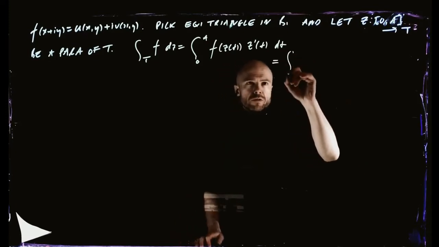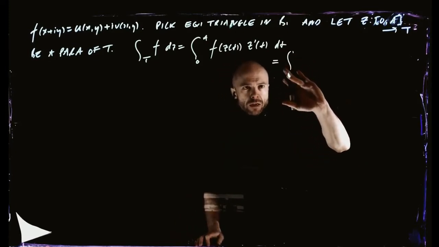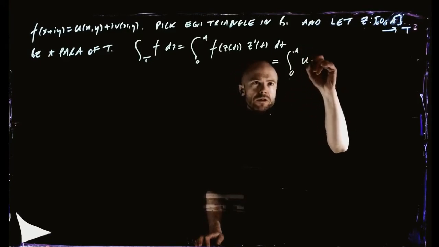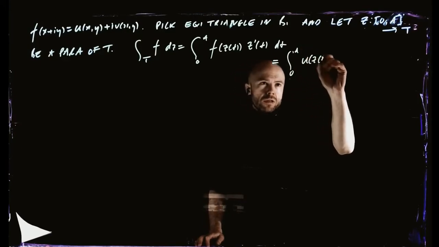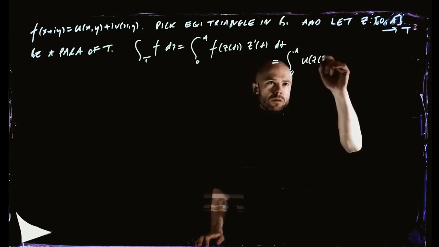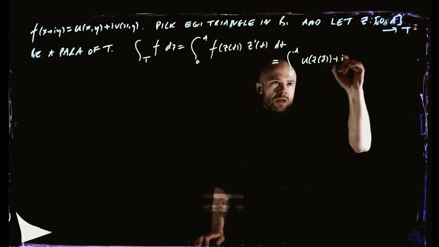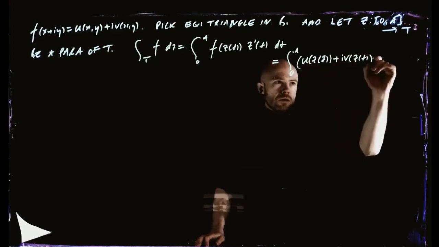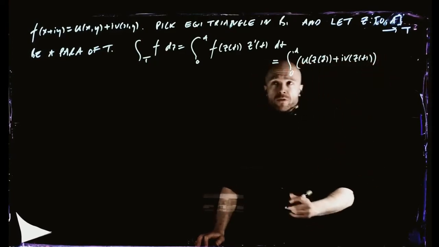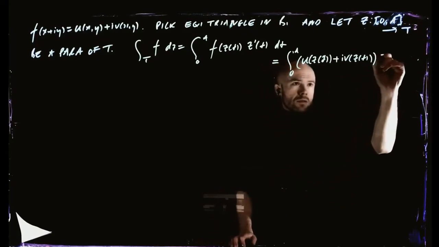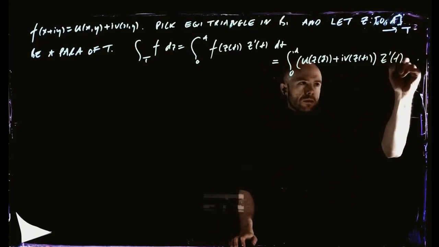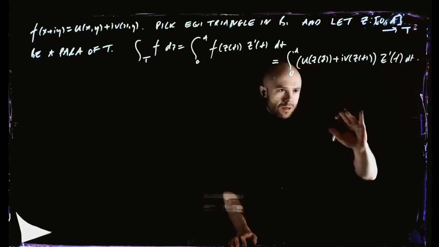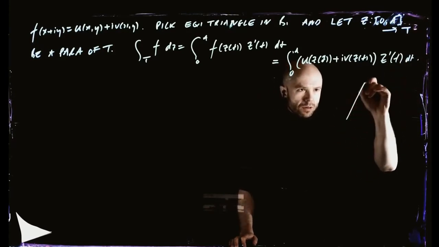This is equal to the integral from 0 to a of u(z(t)) plus i v(z(t)), times z'(t), dt, like this. Yeah.